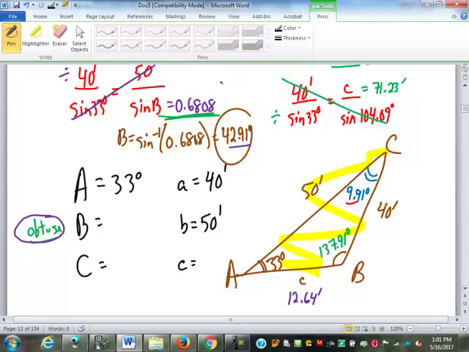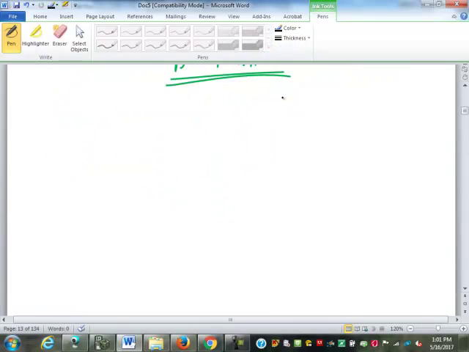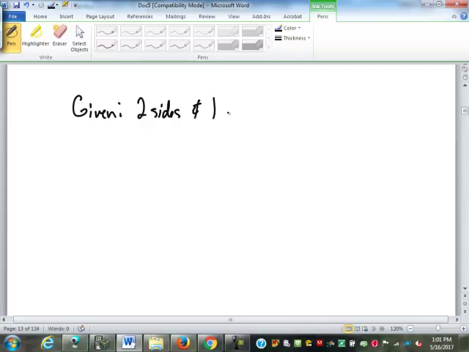Now, the final possibility when we are given two sides and one angle is the angle is between the two sides.